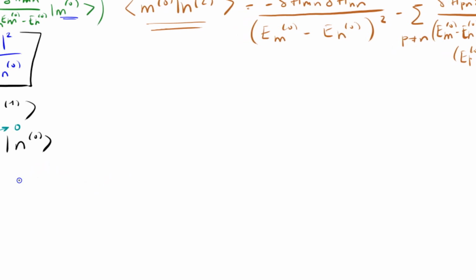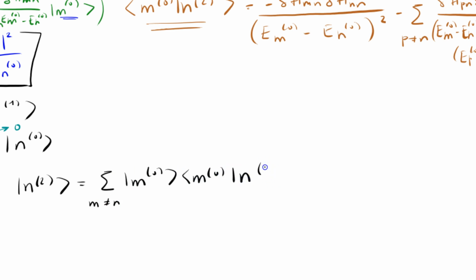N2 is going to be, we include the identity, so let's sum over M does not equal to N, and we're going to have M0, M0 N2, right? This is just the identity. Same thing we did before. So let's look, what do we have here?